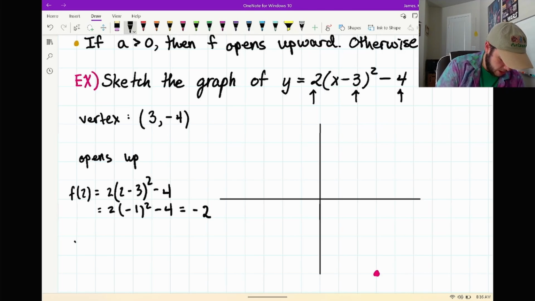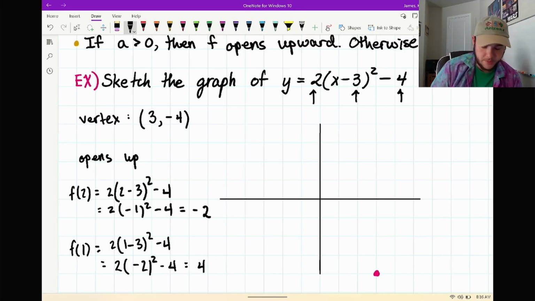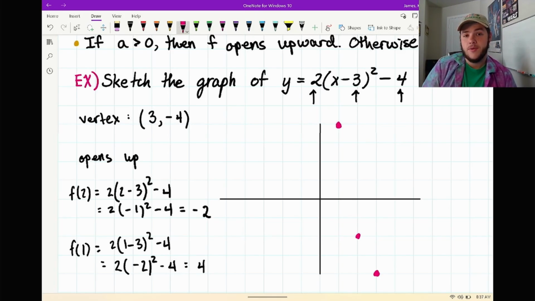Similarly, if I try 1, then I get 2 times 1 minus 3 squared minus 4. Cleaning that up, I'll get 2 times negative 2 squared minus 4. That is going to be 4. So I know that the point 2, negative 2 is on the graph, and the point 1, 4 is on the graph.